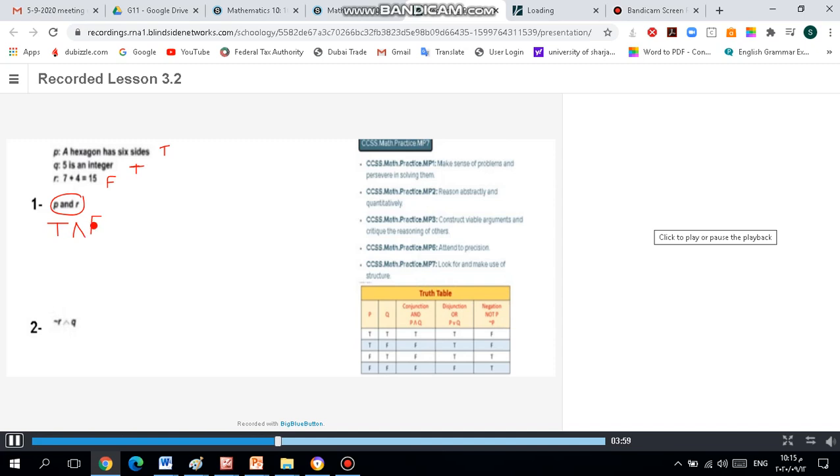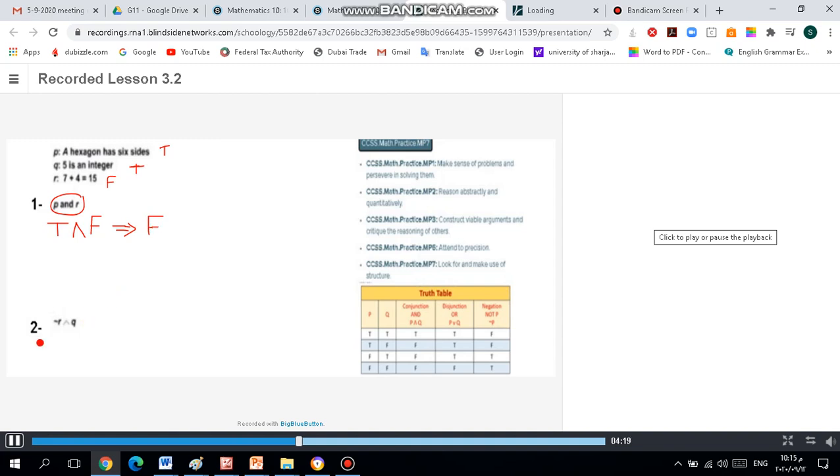If you go back to the table, down to the conjunction, true and false, the result should be false. This is number 1.